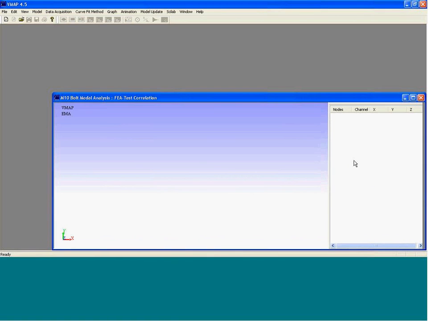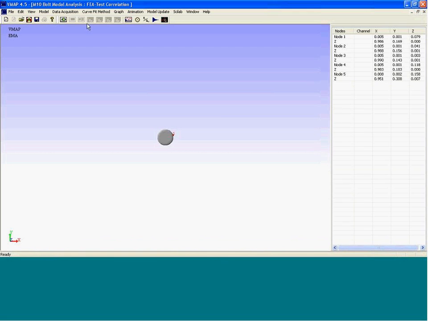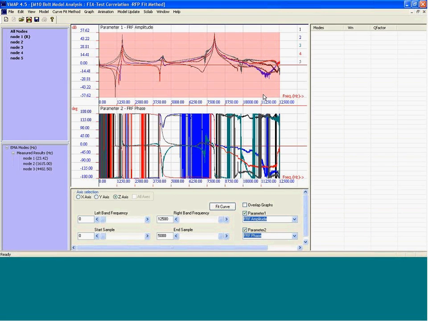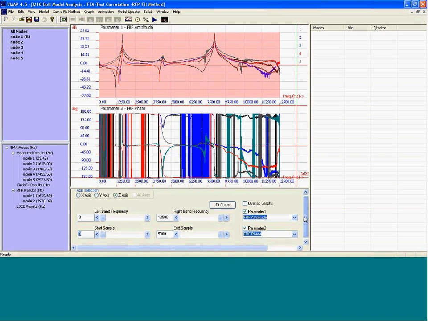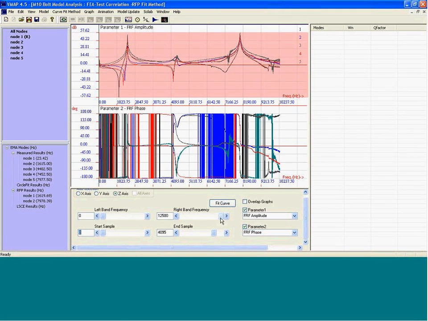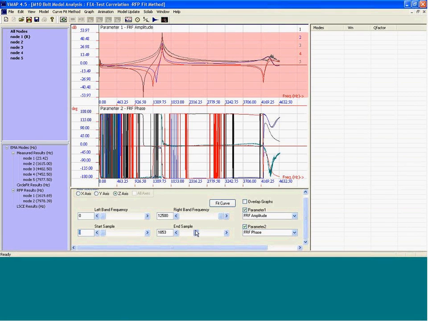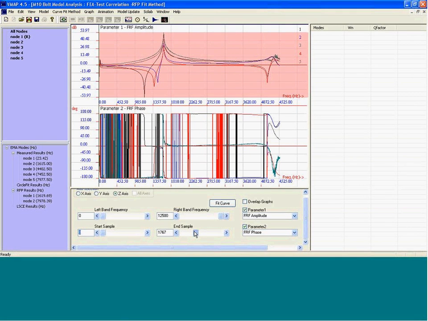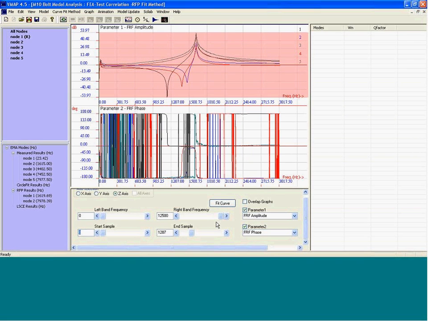I've imported the test data now. We already have performed analysis and I have the data stacked up here. But to demonstrate how it is done, I just want to show it for one resonant frequency.